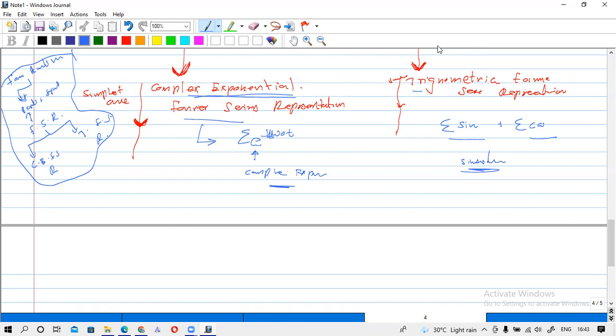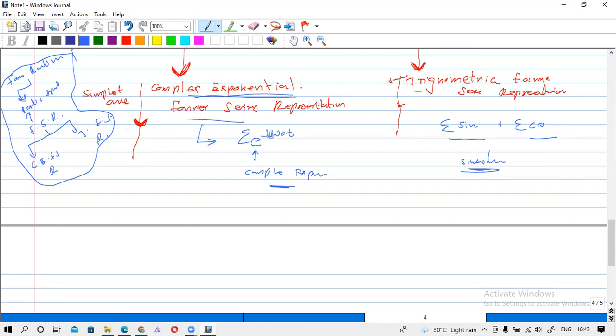If someone can tell me this answer, I will mark it and I will add 10 marks to his or her mid-sem exam paper. So please tell me the answer. What is the common property of complex exponential signal and sinusoidal signal? I will give you 5 minutes.